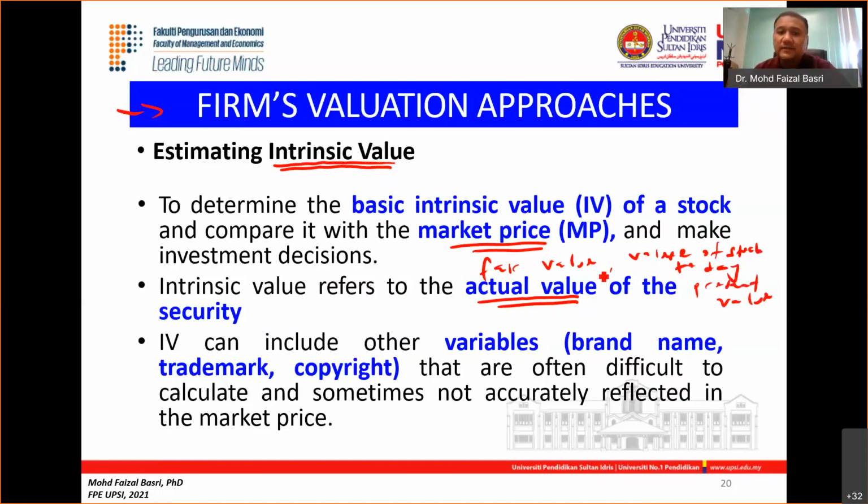So all of these are referring to the intrinsic value. So even though they ask you, find the present value of the stock or find the value of the stock today, they are actually referring to the intrinsic value.